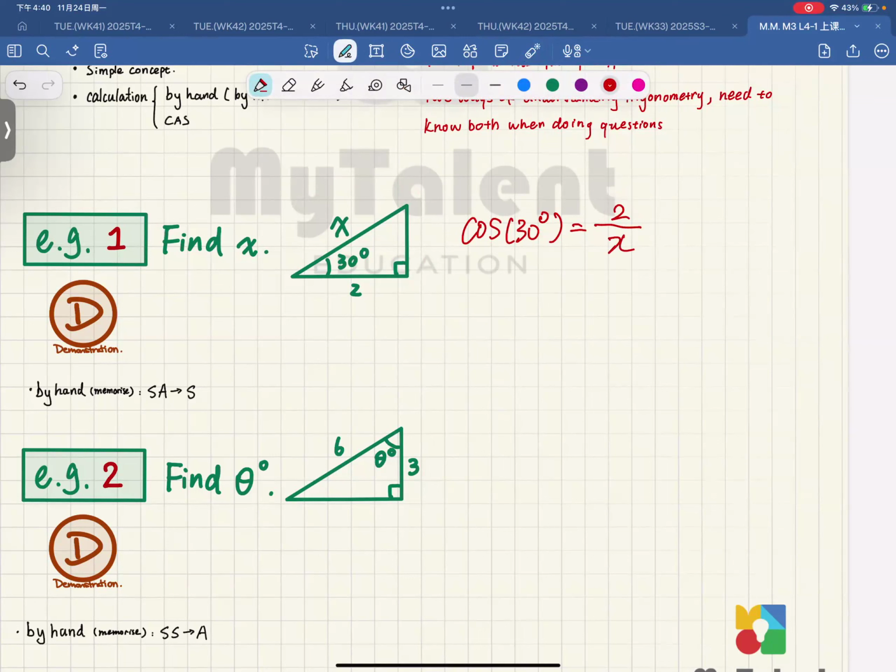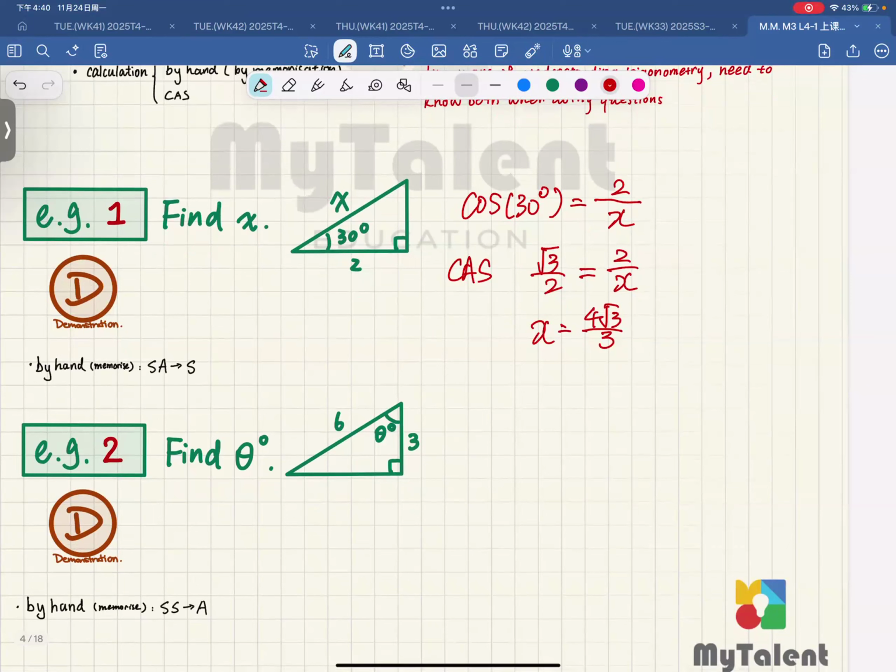If I use CAS to calculate, cos 30 degrees is equal to square root 3 on 2, which is equal to 2 on x. And then we can find x is equal to 4 square root 3 on 3.